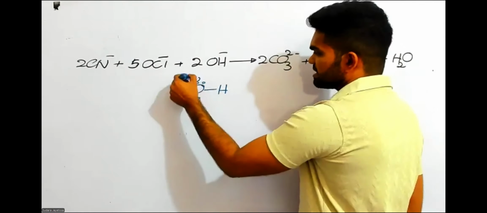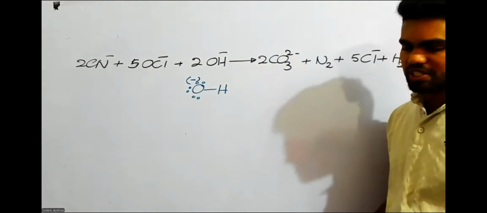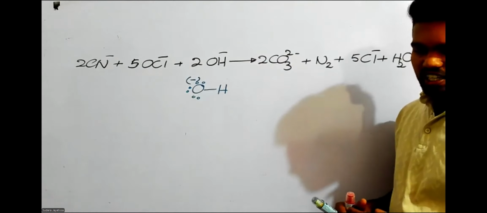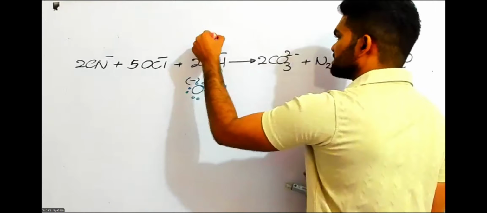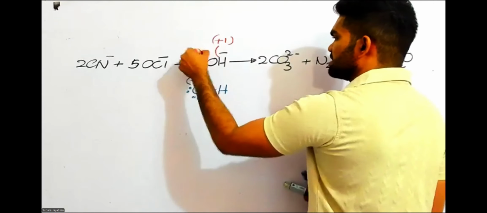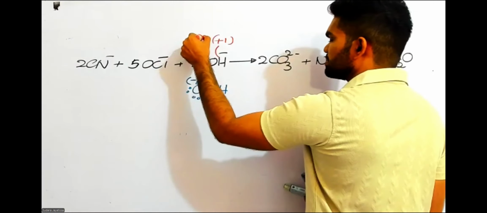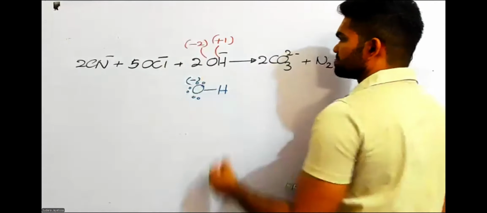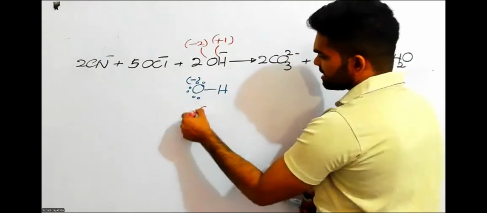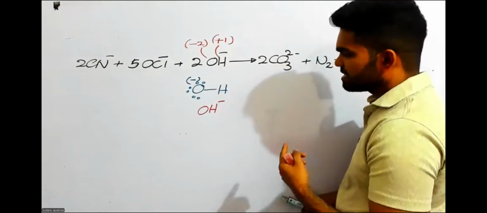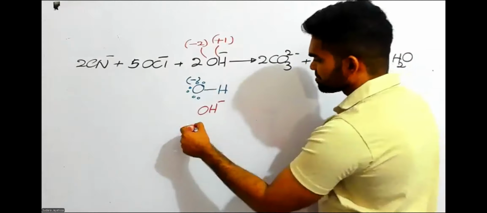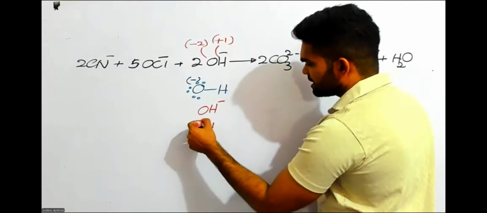Now the negative charge is there on oxygen. So oxygen's oxidation number is generally -2. Okay. So this hydrogen is +1. This oxygen is -2. So even though we write it as OH minus, don't misunderstand that H has the negative charge. It is wrong.